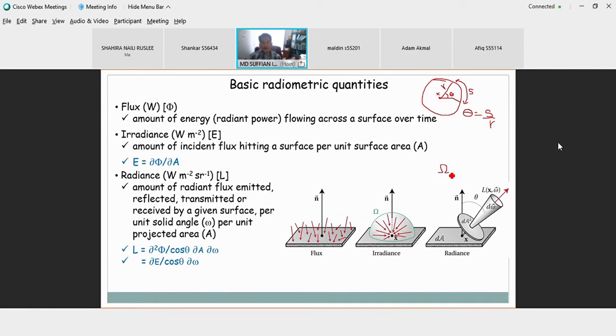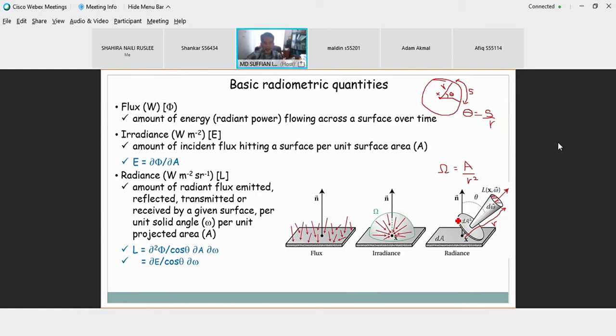Sama dengan A, area, A bahagi dengan R square. R adalah diameter, diameter yang ini adalah R. R square.